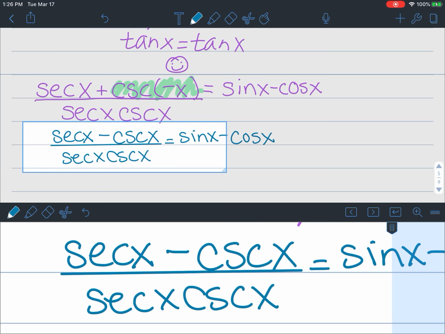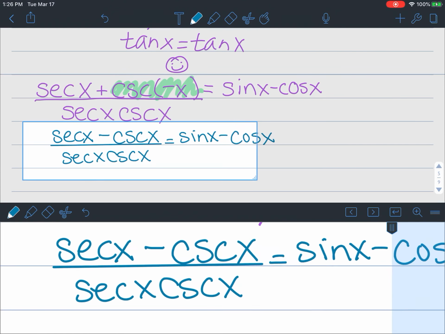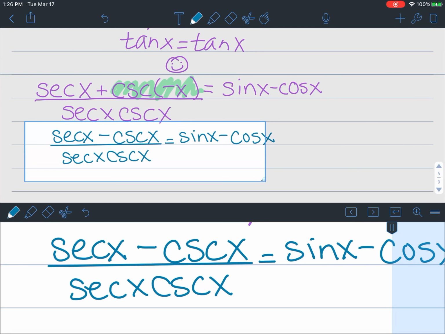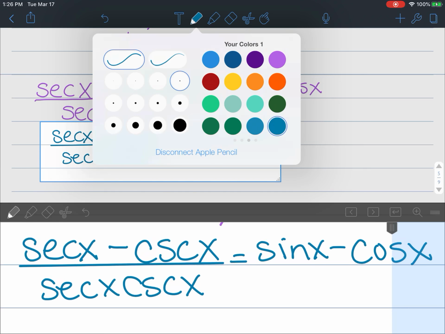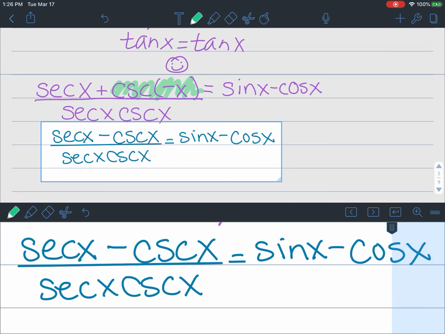Okay, now let's think about what I can do here. I know what I'm going to do, and this is actually different from what I have written down, but I'm going to do this differently. I'm going to break this up into two separate fractions.